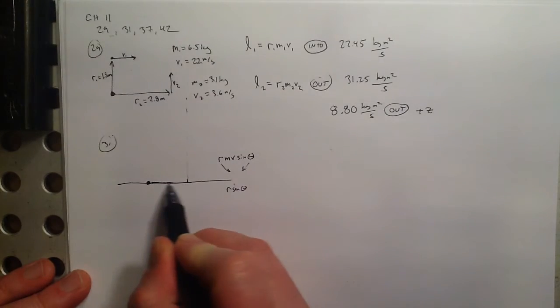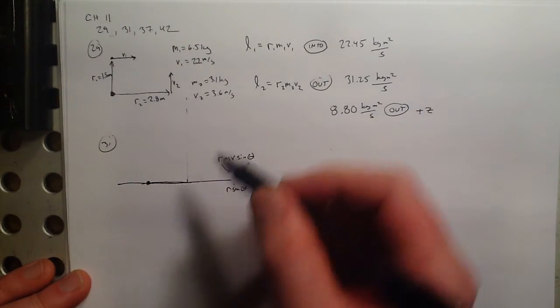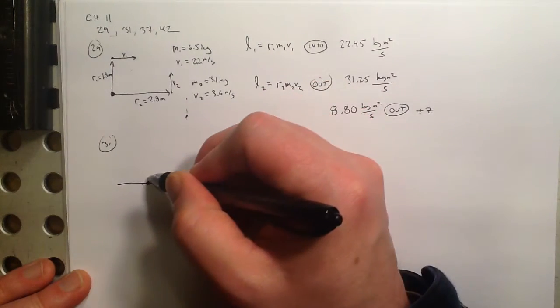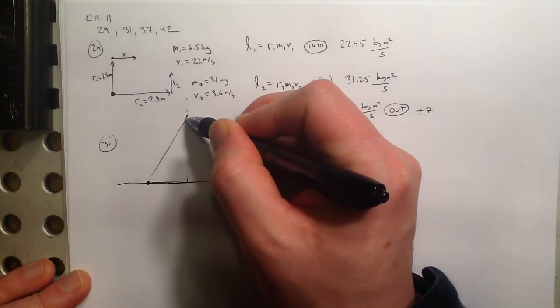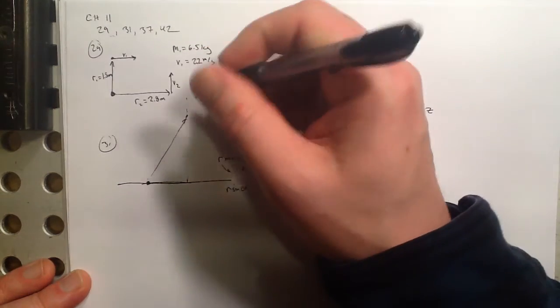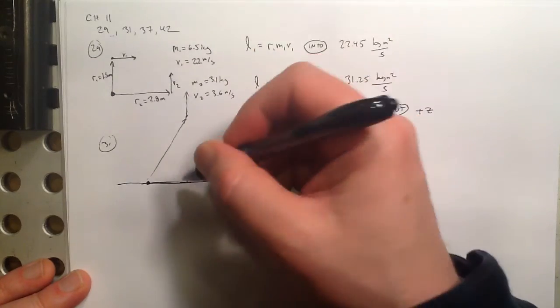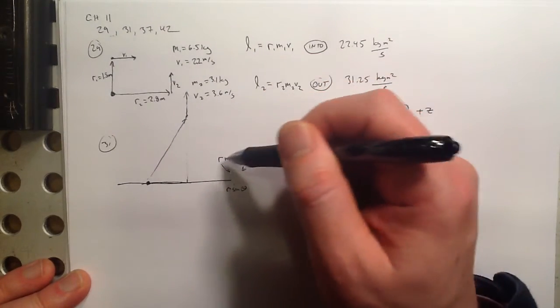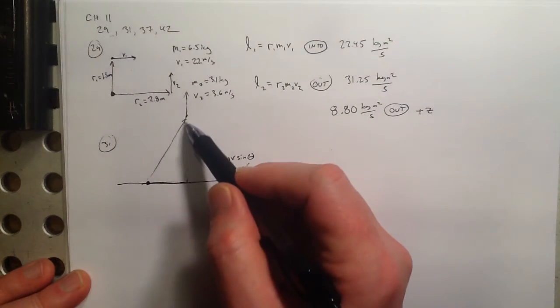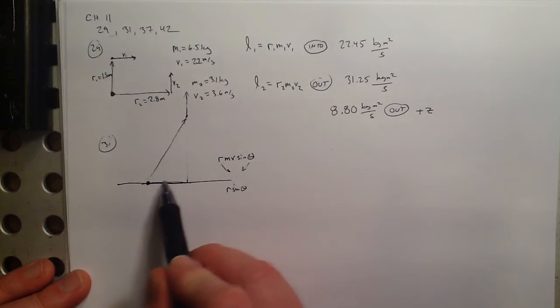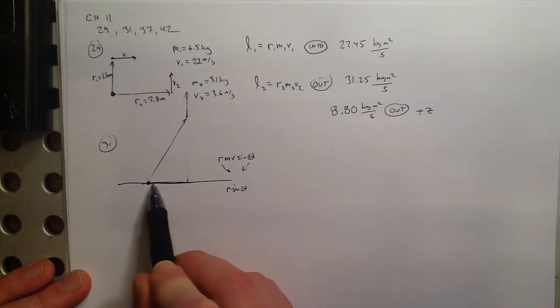That's this distance right here. No matter where you are, if you're here, for example, here's your r vector, and your v vector is going up this way, then the r sine theta is the part of the r vector that's perpendicular to this. It's always this.